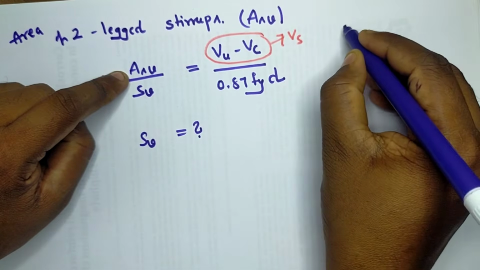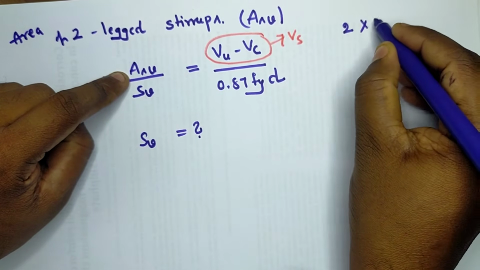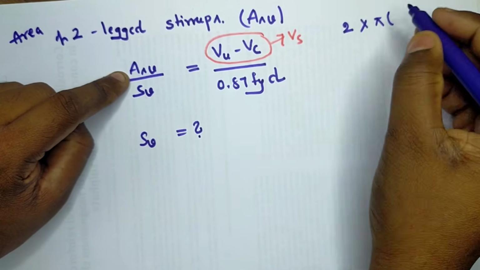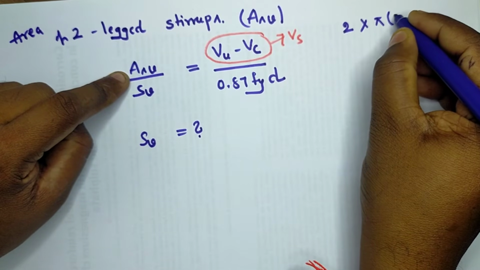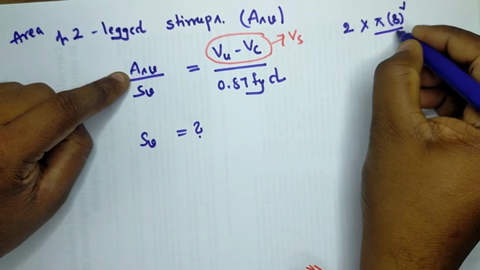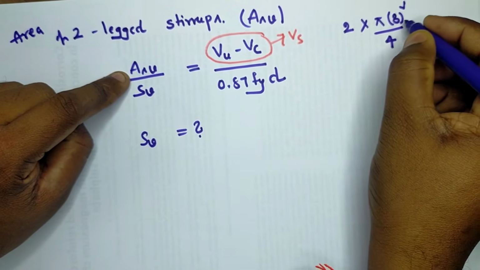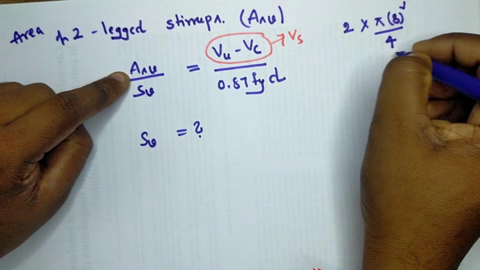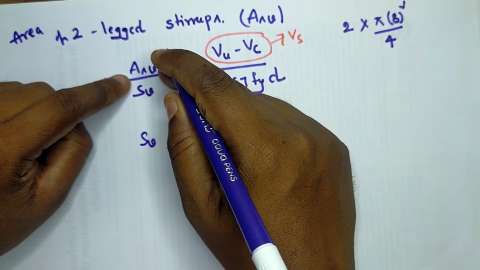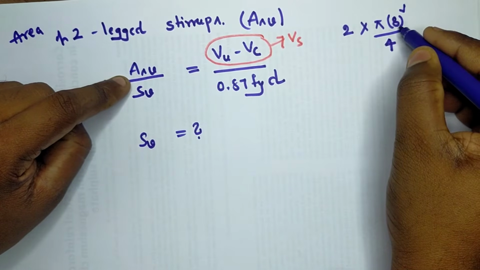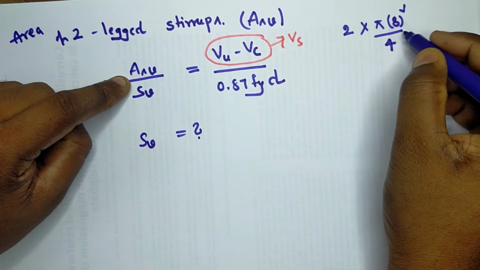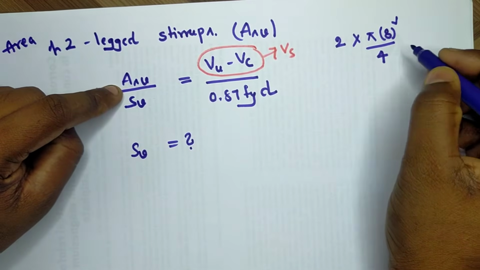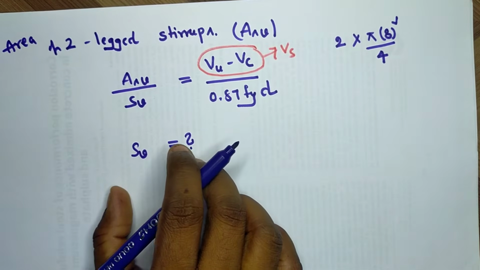If we are using two-legged stirrups, then ASV will be 2, suppose 8 mm dia, 2 multiplied by pi 8 square by 4. Suppose if you are using 10 mm dia, then 2 multiplied by pi 10 square by 4. Like that you can determine the spacing.